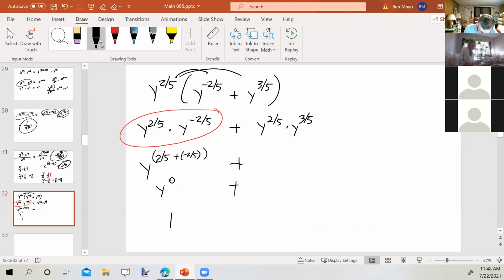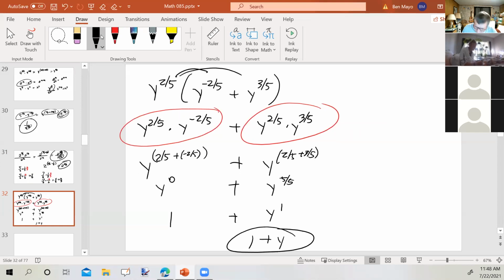And then plus, multiplying two powers with the same base, add the exponents. y to the 2/5 plus 3/5, which is y to the 5/5, which is y to the 1, or just y. So I've got 1 plus y as my final answer. All those fun rules.